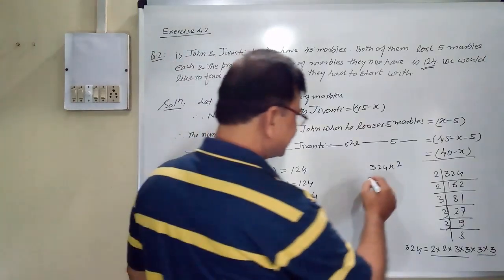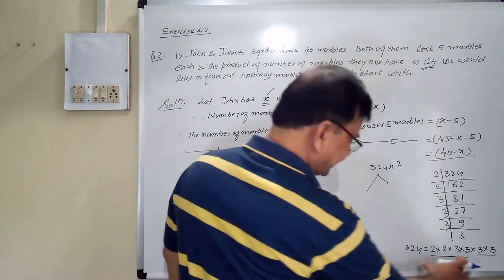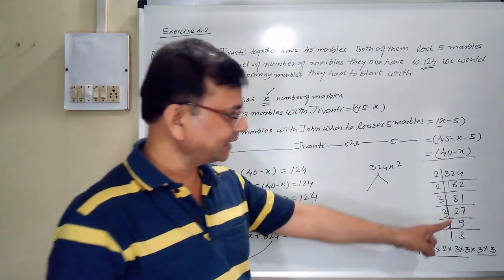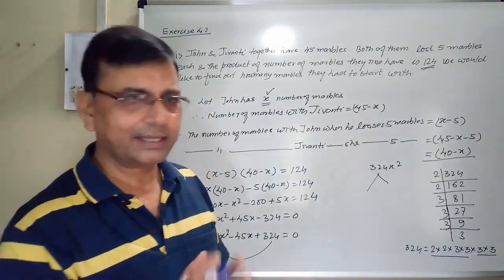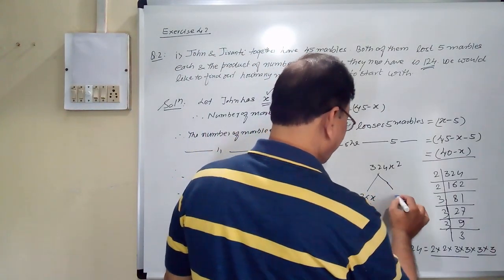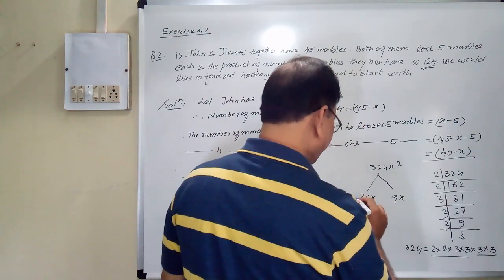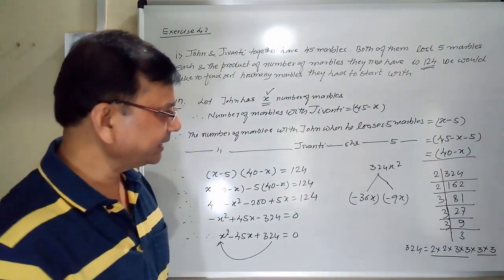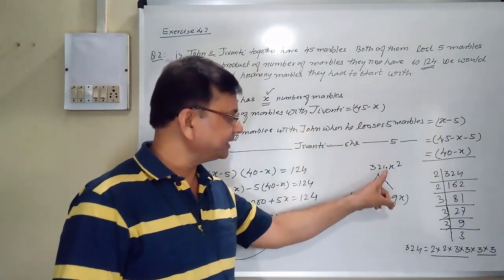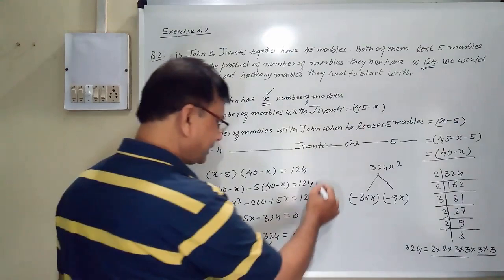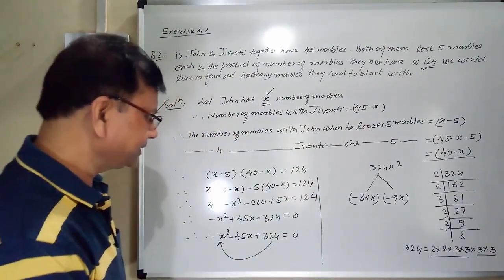So factors of this: 3 3s are 9, 9 4s are 36, so 36 and 9. If we take these two factors, 36X and 9X, both negative, the product will be this much and the sum will be minus 45. So we can further work on it.